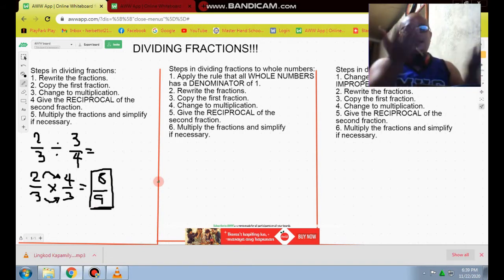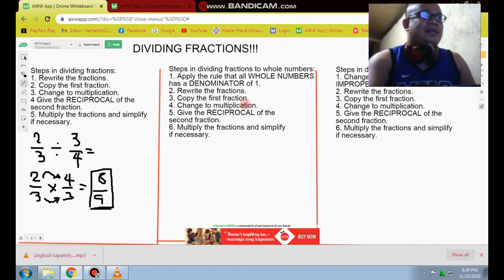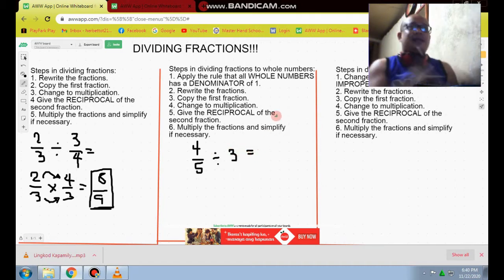Okay? So next, dito tayo sa sunod, steps in dividing fractions to whole numbers, or vice versa, whole numbers to fractions. Okay? So for example, I have 4/5 divided by 3. Okay? So the first step is to apply the rule that all whole numbers has a denominator of 1.